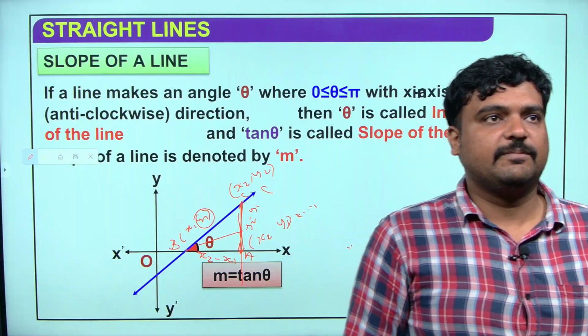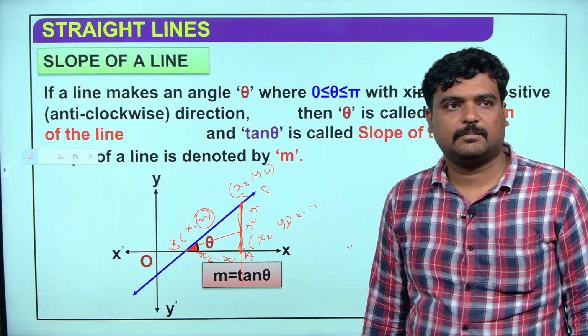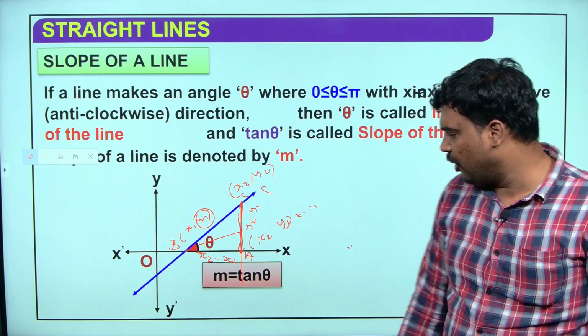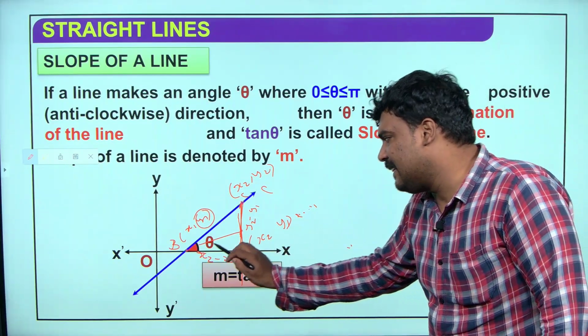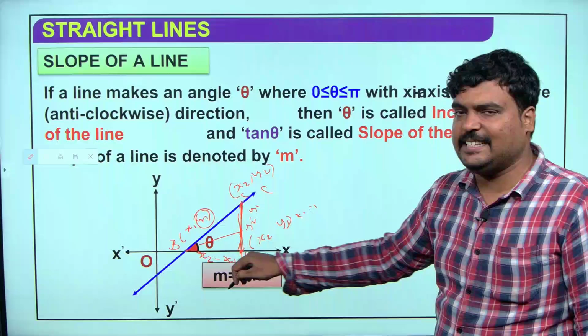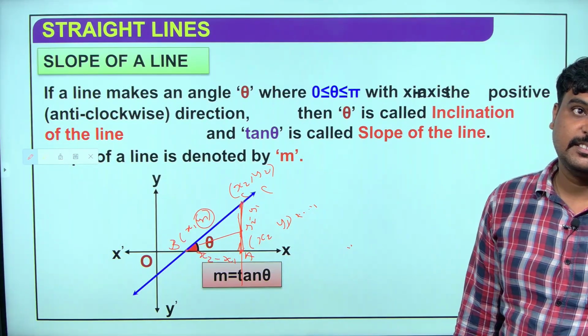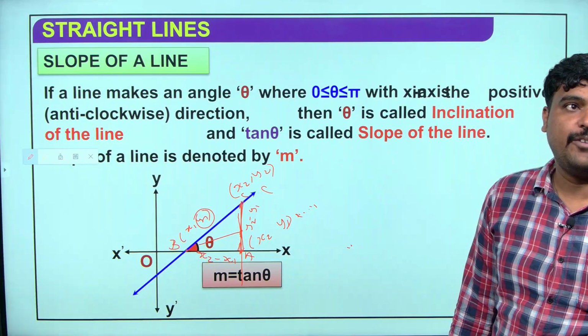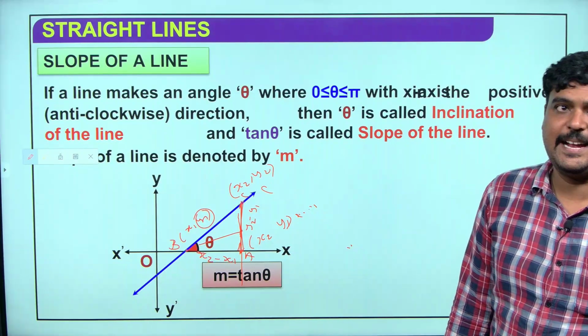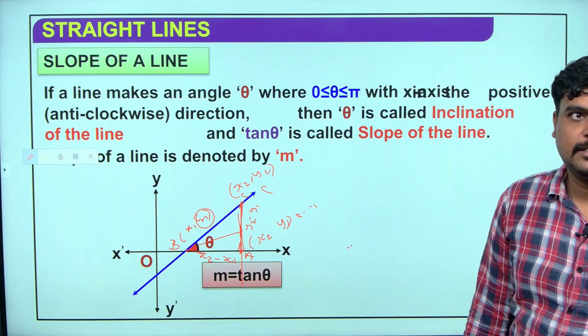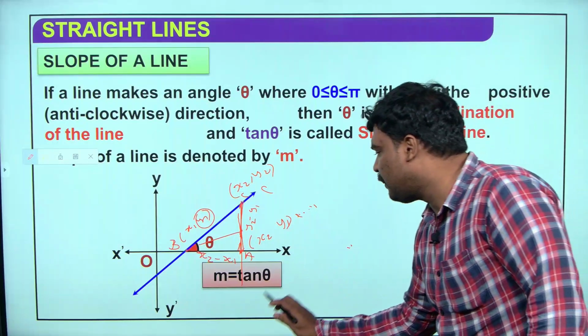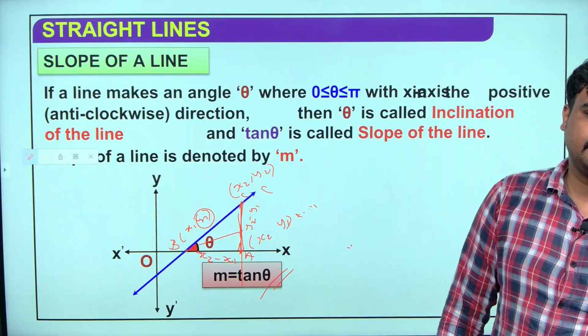Are you clear, guys? Since it is a ratio of opposite and adjacent, which ratio of trigonometry shows opposite by adjacent? Yeah, tan theta. That's why it came m is equal to tan theta.